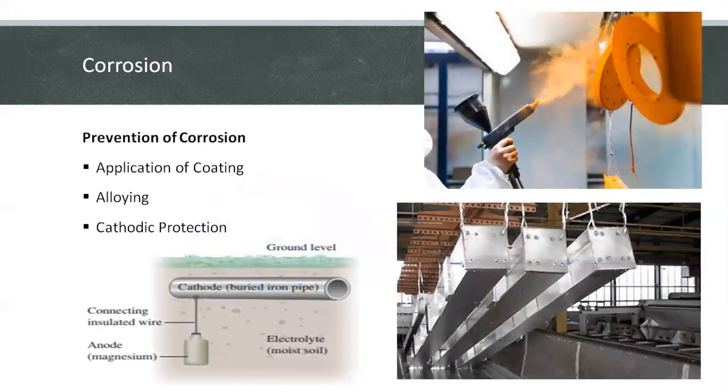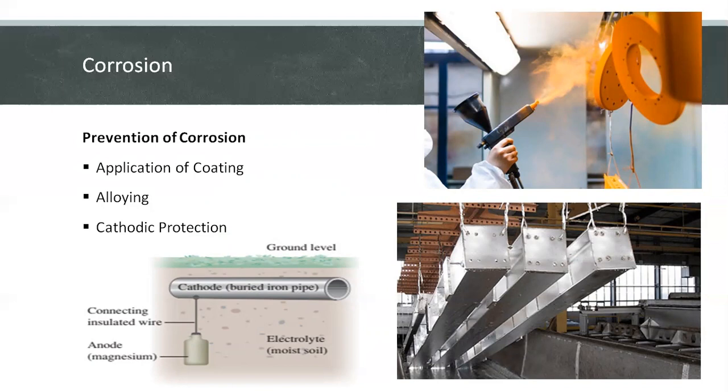So here are the following ways to prevent corrosion. Prevention of corrosion is an important way of conserving our natural resources of energy and metals, and also money.